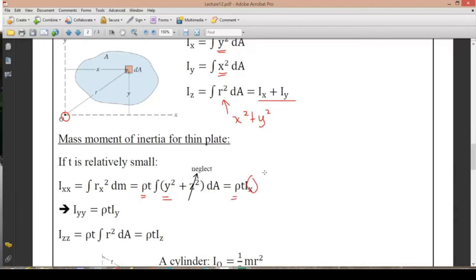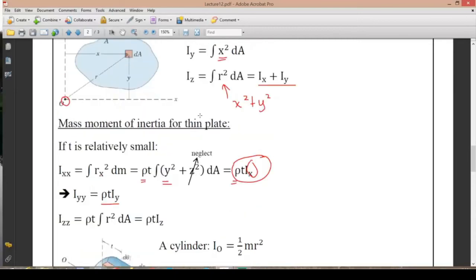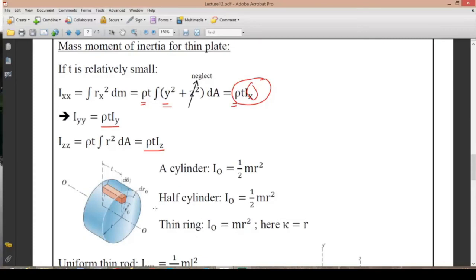Now we get this mass moment of inertia information, which is derived for this thin plate. Similar to that, we get rho t times Iy, and then for the Iz, again, we use this information of Ix plus Iy, or just r squared dA, and then rho times t times Iz gives us the information about the mass moment of inertia about the z-axis.